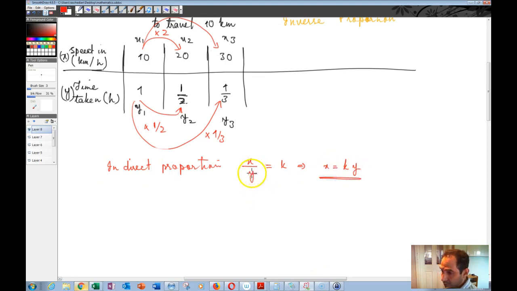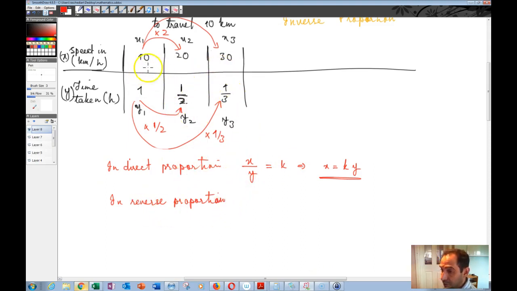Okay, but in the case of these proportions, we say that two variables are in reverse proportion if, over here you see that if you divide this number by this number, it remains proportional.